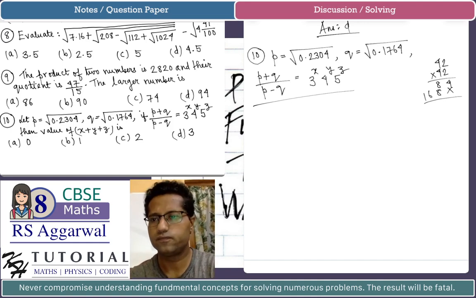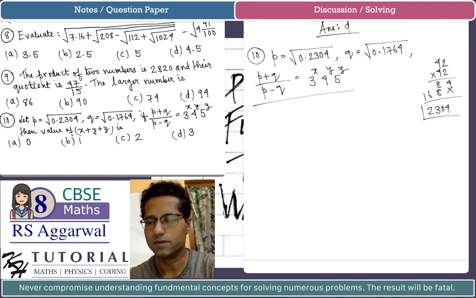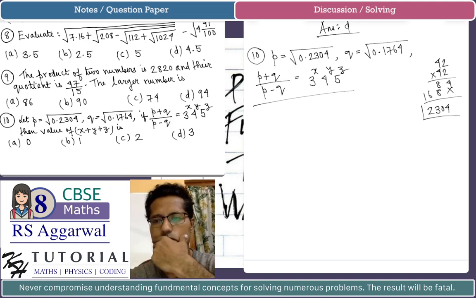Another way is that if you quickly check, do prime factorization of 2304 to see whether it's a perfect square number or not. Will it divide by 4? Yes, it will divide by 4.